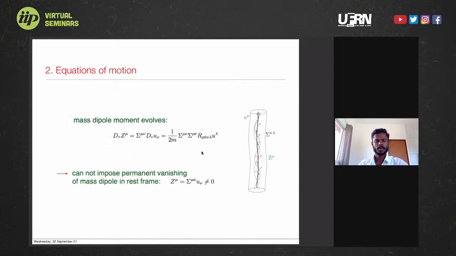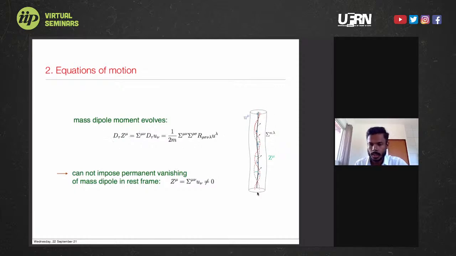So before going into solving for a particular space-time, we should also note that the Pirani vector Z mu, which we defined in the spin definition, cannot be imposed equal to 0 all the time. Maybe in the initial rest frame it can be equal to 0, but throughout the motion it evolves with the proper time evolution equation as shown here.